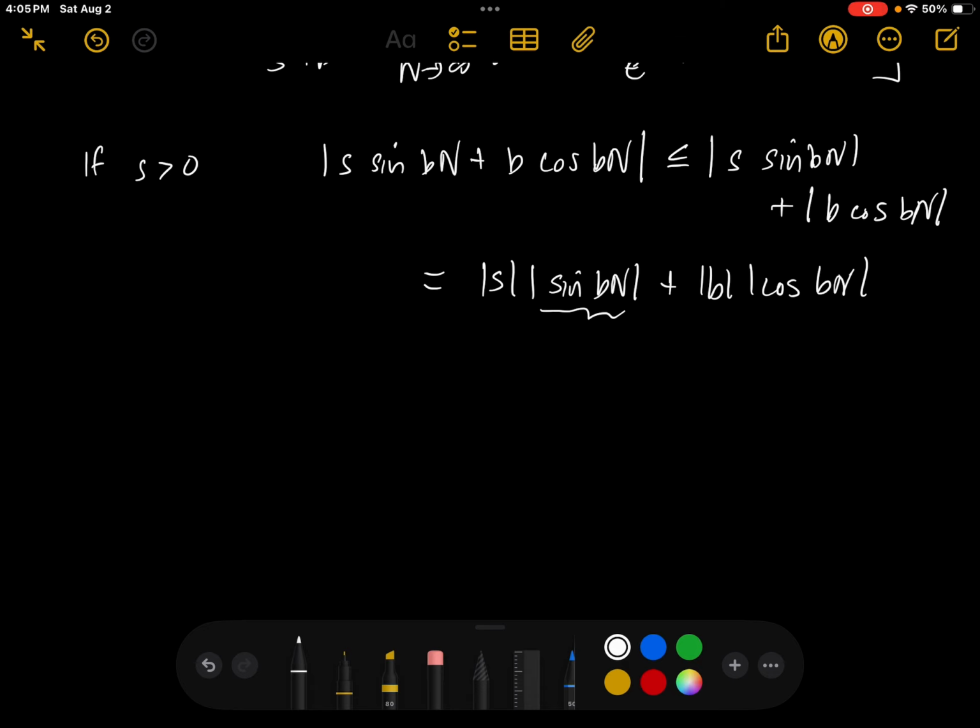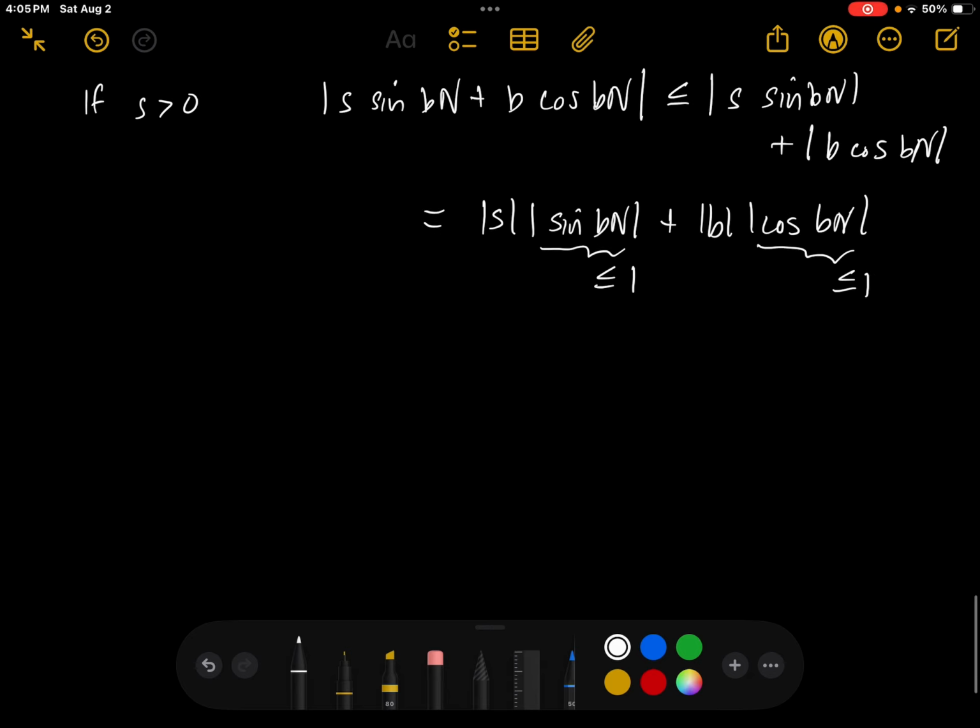Sine is always between negative 1 and 1, so its absolute value is less than or equal to 1, and similarly for cosine of bn. And so you have something which is less than or equal to the absolute value of s plus the absolute value of b. That's true no matter what s is.